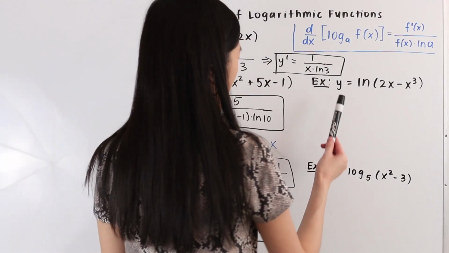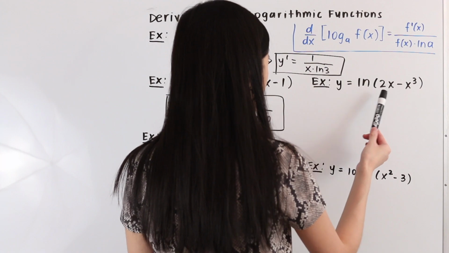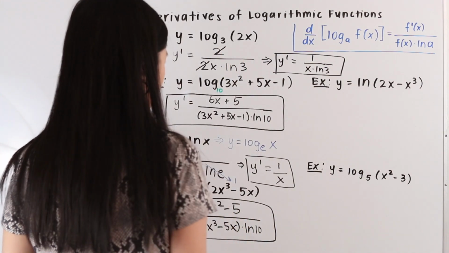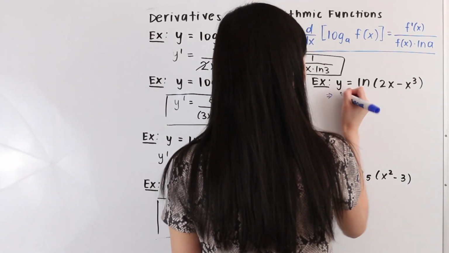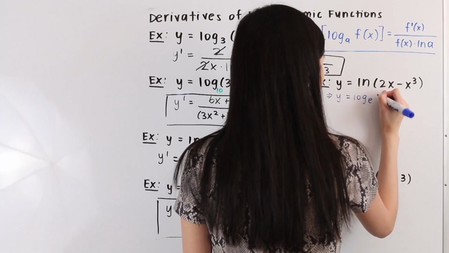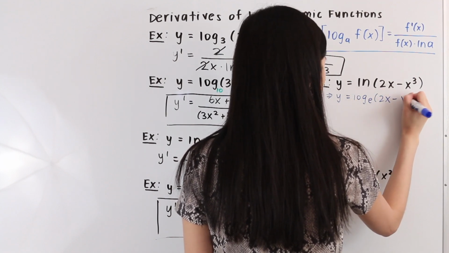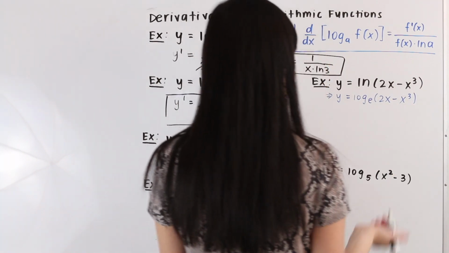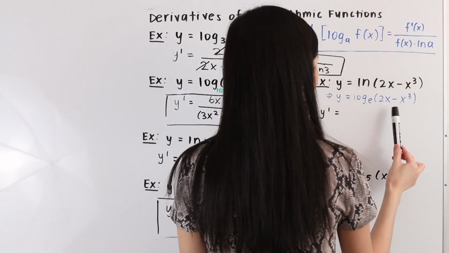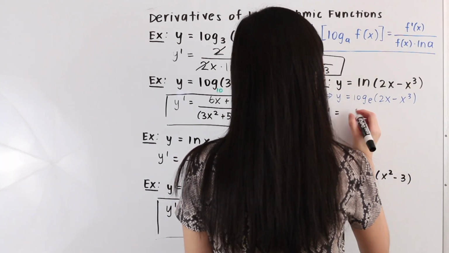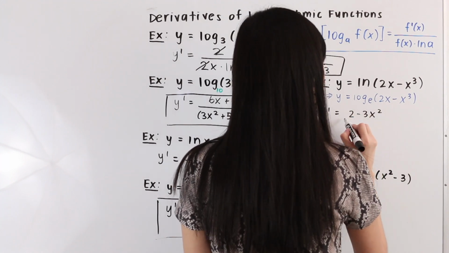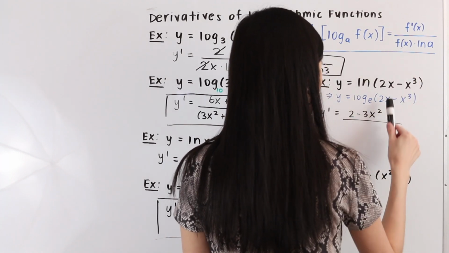In this next example here, we have y is equal to the natural log of 2x minus x cubed. And remember that the natural log is the same thing as log base e, so we can rewrite this as follows. So we have y is equal to log base e of 2x minus x cubed. And so now let's go ahead and find our derivative. So we have y prime is equal to f prime of x, which is the derivative of this function here. And so we have 2 minus 3x squared using our power rule, and this is over f of x, which is this function here.